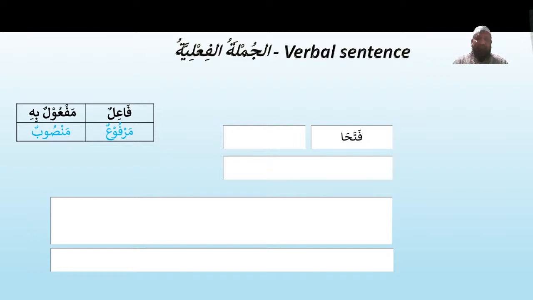So the alif here is alif al-ithnain. We added it to make fi'l madi dual: fataha. Can this verb have a noun as the fa'il?